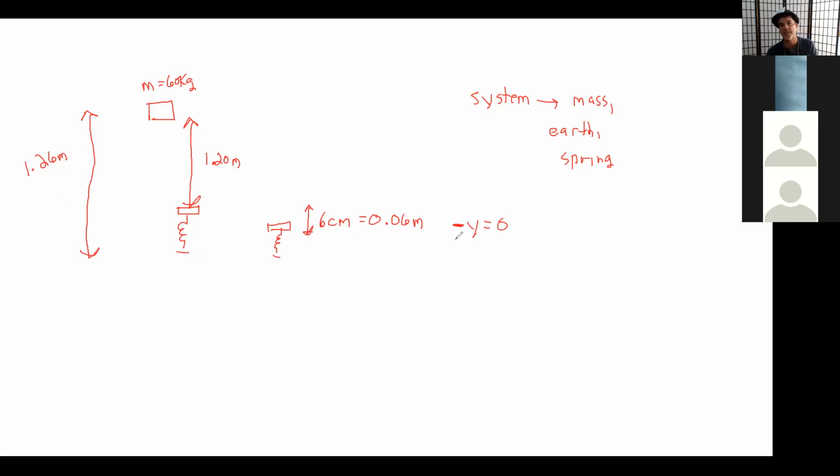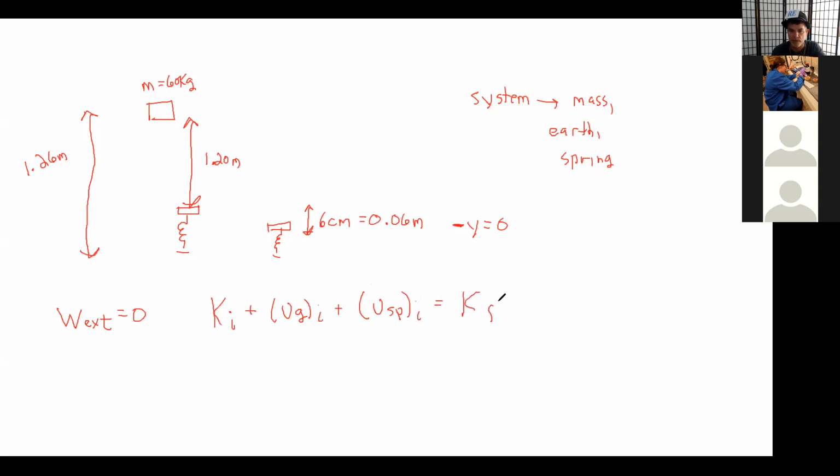If I include as my system the mass, the Earth, and the spring, then there are no external forces doing work. There's no air resistance, there's no friction, so no thermal energy is generated. So my initial kinetic energy plus my initial gravitational potential energy plus my initial elastic potential energy equals my final kinetic plus my final gravitational potential plus my final elastic potential. So the question for you is, how many of these 6 terms survive? How many of them are not 0?